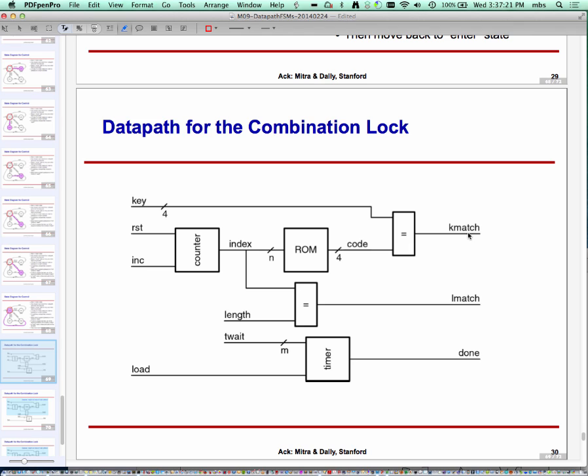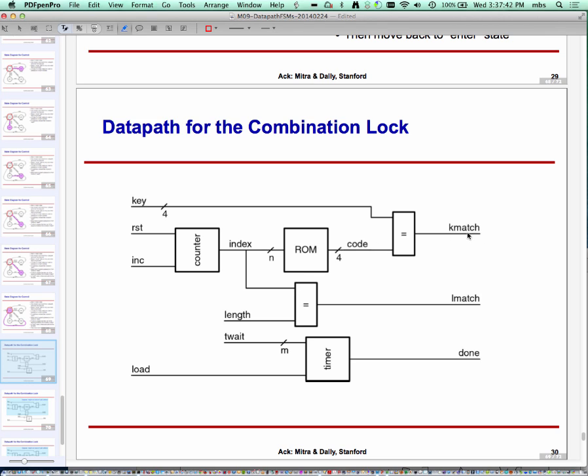So looking at this, what's happening is that my code is stored in the ROM. The length coming from the outside world tells me how long the code is. As the user keeps pressing the keys, I keep incrementing the counter. Whenever a key comes, I compare it against whatever it needs to be compared against.